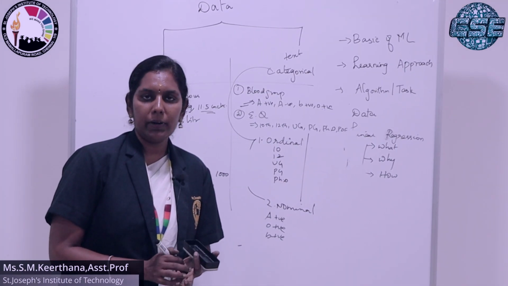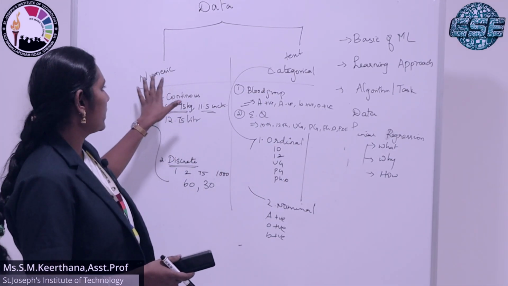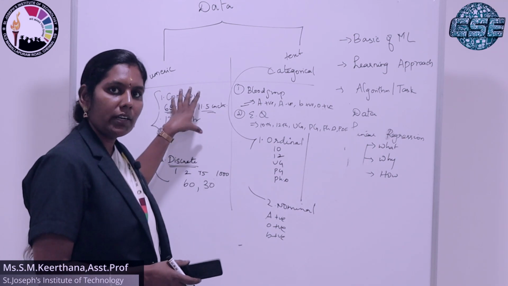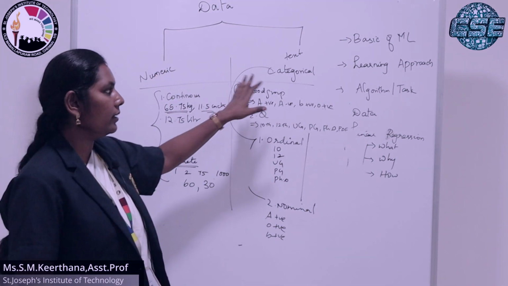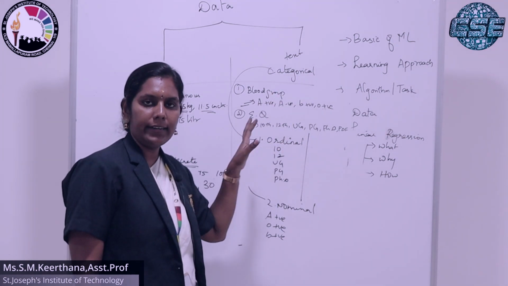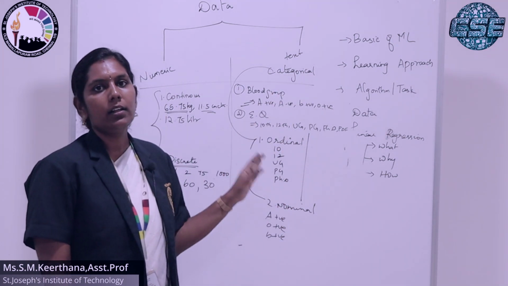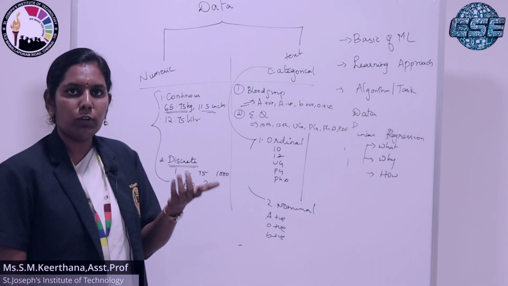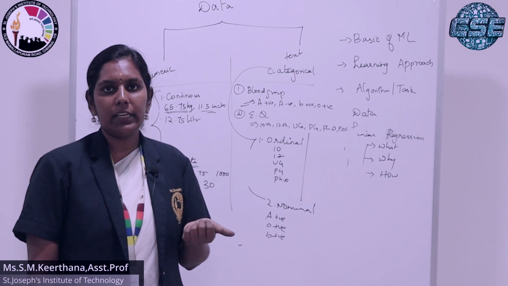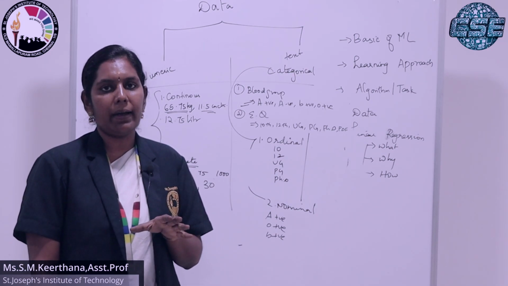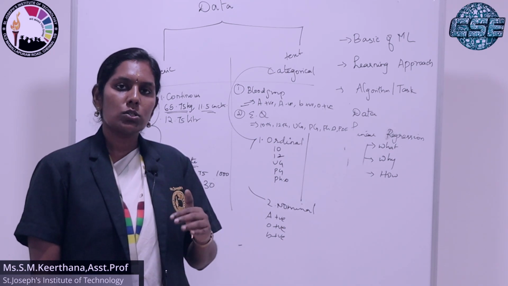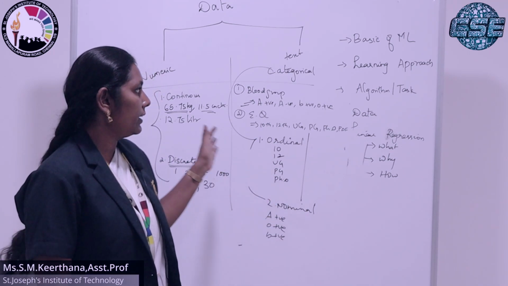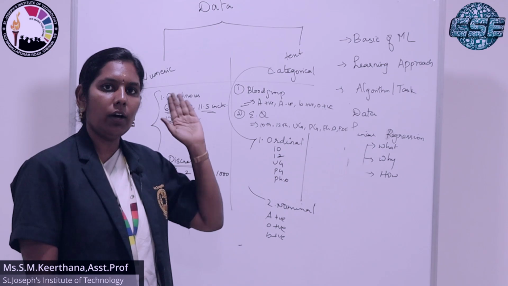Now I have a deeper understanding of the types of data. In numeric, we have continuous data and discrete data. In categorical, we have ordinal data and nominal data. Now for the previous problem statement, identifying the customer based on their shopping pattern, I have identified that it is a supervised learning approach. So what type of task does it have to do, regression or classification?